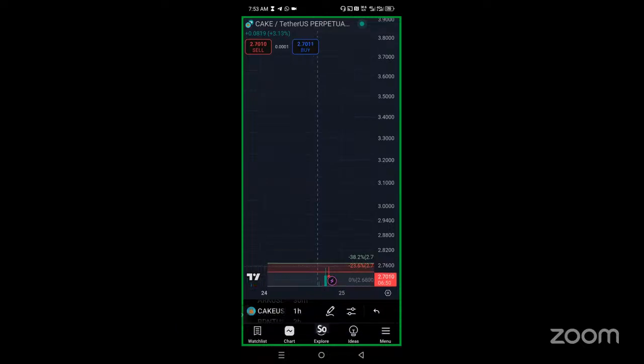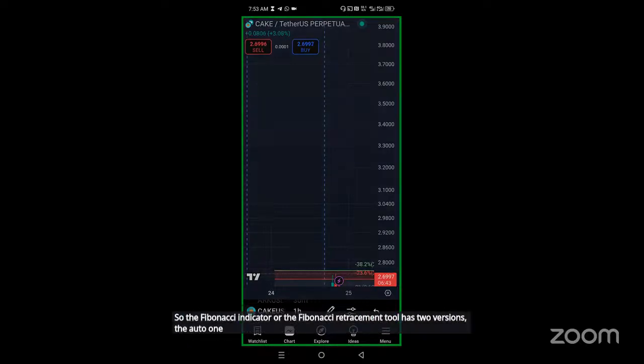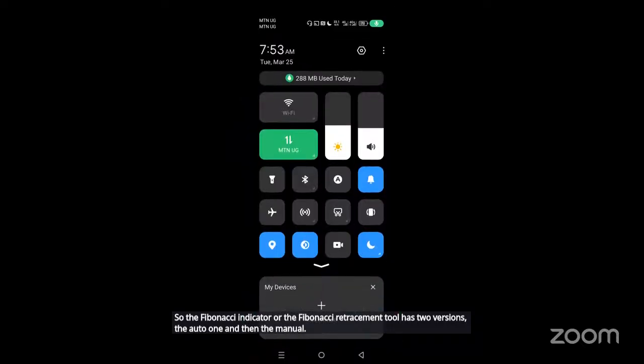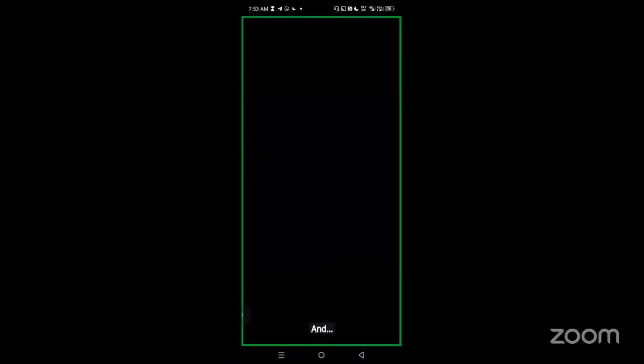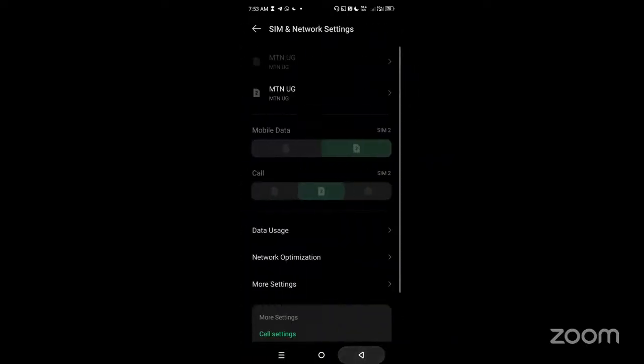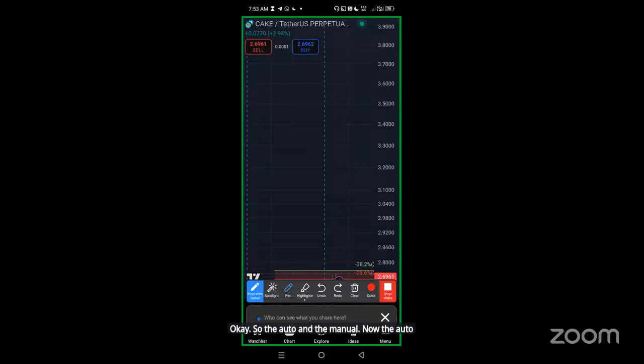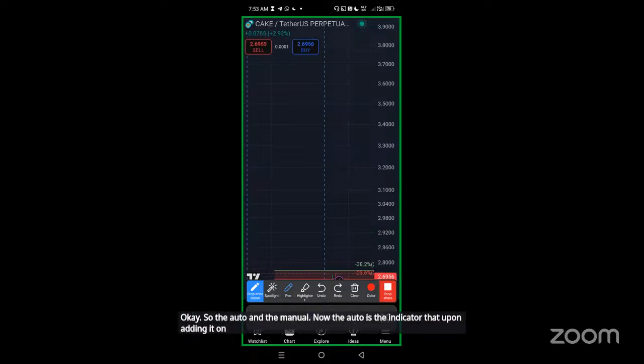So the Fibonacci retracement tool has two versions, the auto one and then the manual. Now the auto is the indicator that, upon adding it on the chart, automatically identifies the different price reaction levels and labels them, or draws a line horizontally to capture them.